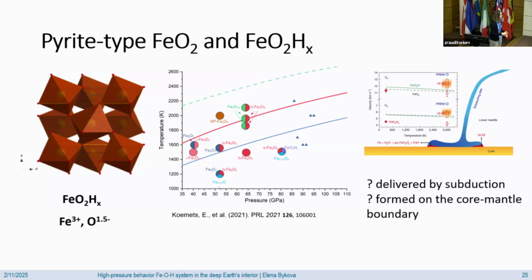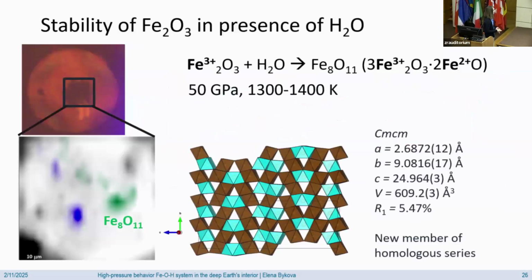But you also need to consider that you need to bring this compound into the deepest interiors, and it's not so nice for FeO2H, because at lower pressures it can decompose very easily. Of course here it's stable, but at lower pressures it just decomposes to anhydrous materials. So it was not very clear whether you can stabilize this at lower pressures.